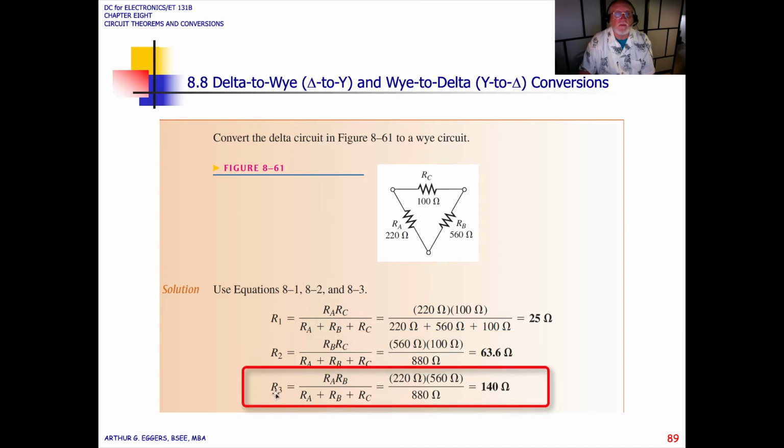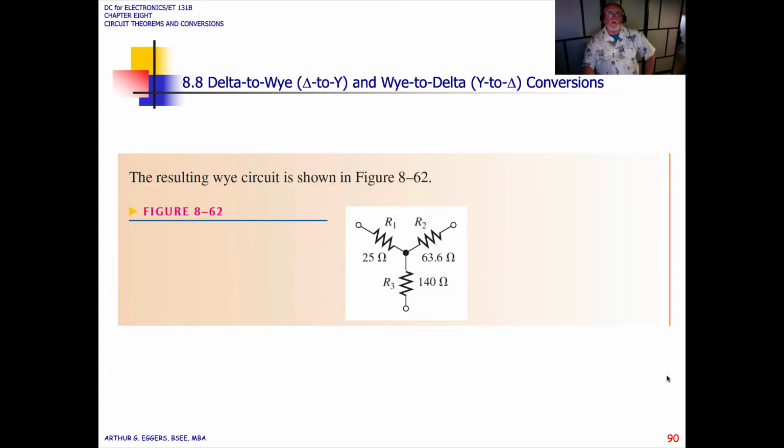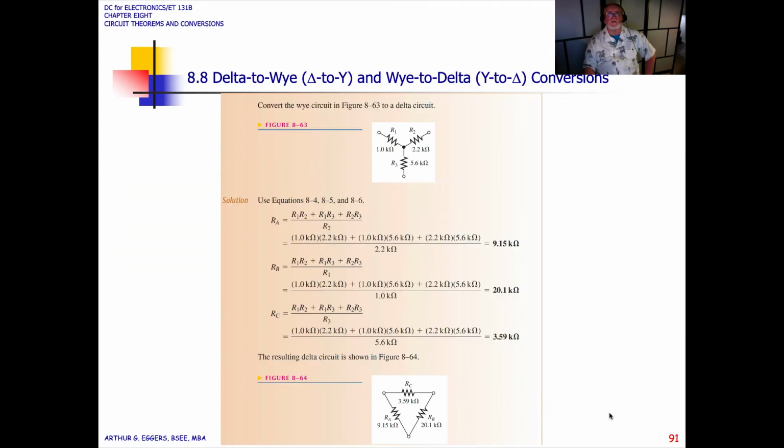And for the conversion for R3, RA and RB over the sum of the 3 gives us 140 ohms. So it's a pretty simple conversion. So that's the conversion from a delta to a Y. And when we're done, you just redraw the circuit, 25 ohm, 63.6, 140 ohms.